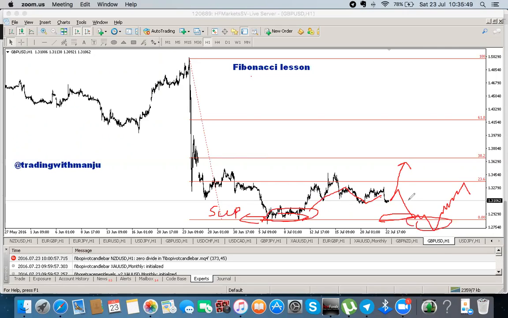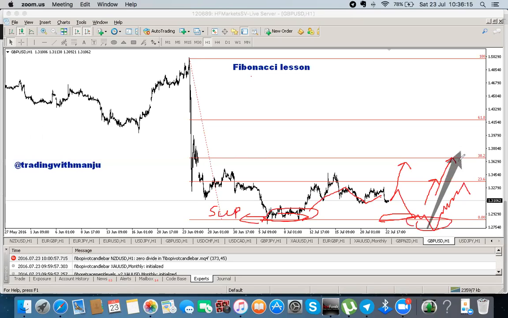So whenever the market breaks the 23.6, see, 23.6 is not very strong. You can say it's mid strong, but it's not that strong if it won't break. So the market will break and try the 38.2.